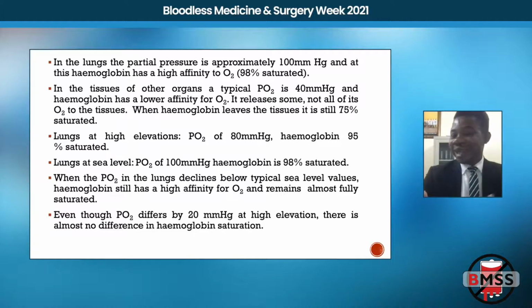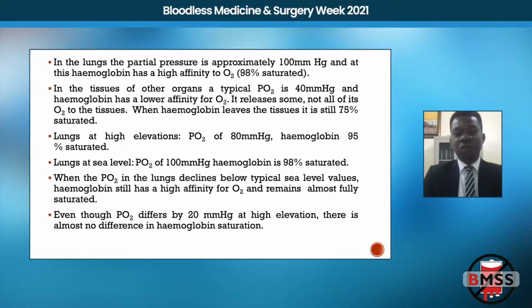For lungs at high elevation, like those who live on top of the mountain, at a tension of 80 millimeters of mercury, the hemoglobin is about 95% saturated. Those who live at sea level get the 98% because you have about 100 millimeters of mercury of this tension.